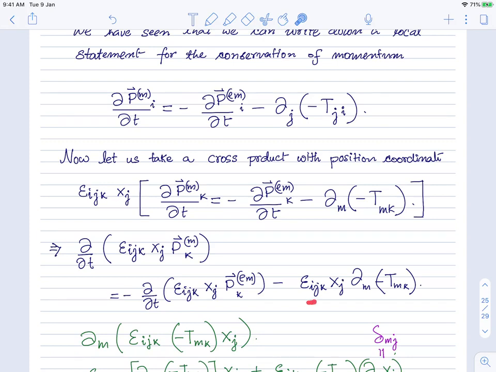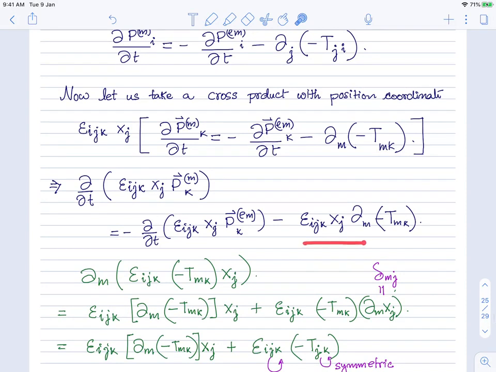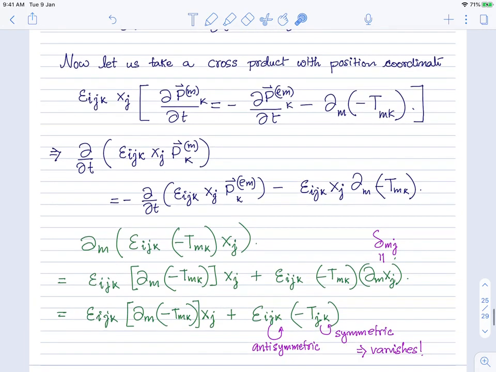But here you have to do a little bit of work, because there's a divergence and you cannot take the x inside easily. So let's say I took this x inside, and let's see what I get.